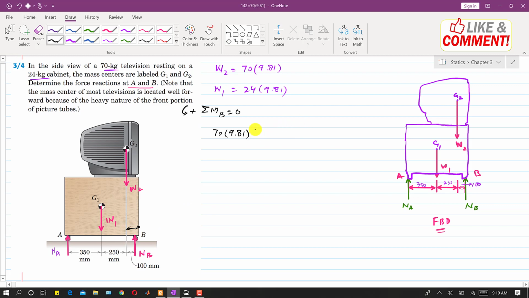So I will multiply it by 100, and this is positive.